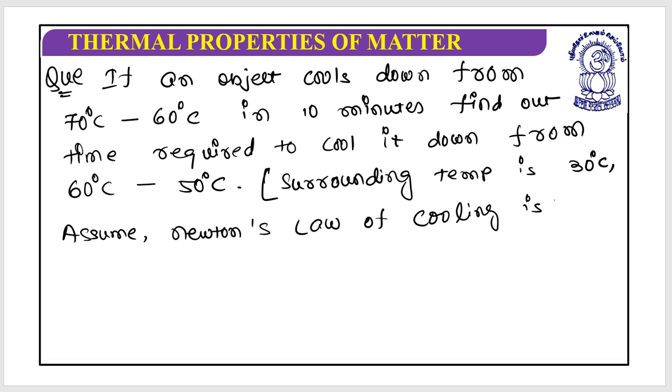So this is the situation. How will you do this? Let's see what data they have provided to us. Initially, their initial temperature was 70 degrees Celsius, their final temperature was 60 degrees Celsius, and to reach from 70 to 60, it took 10 minutes.